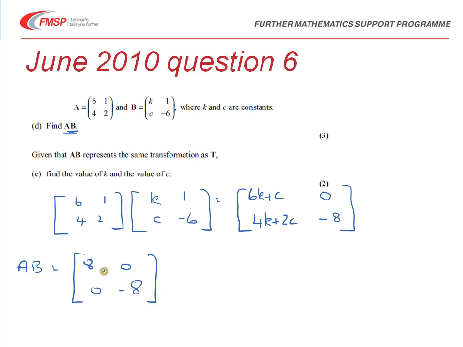If these are going to be the same, then the elements in each entry must be the same, so that 6k plus c must be equal to 8, and the other entry is 4k plus 2c must be 0.